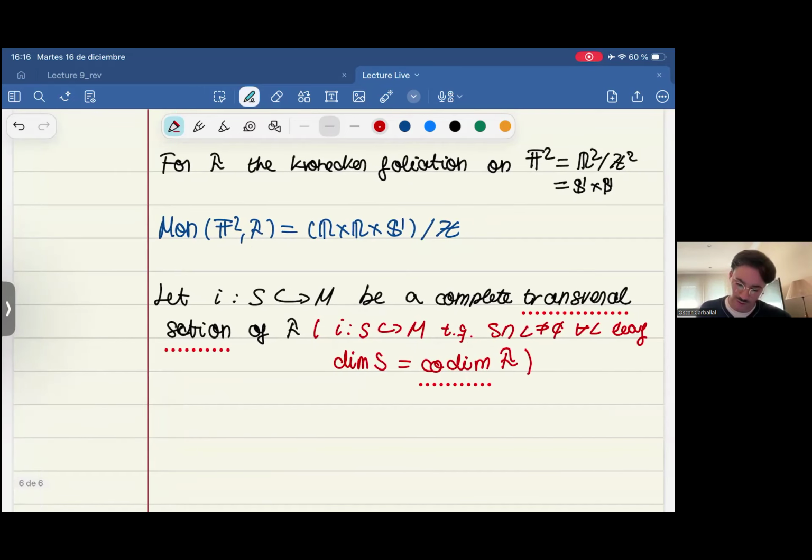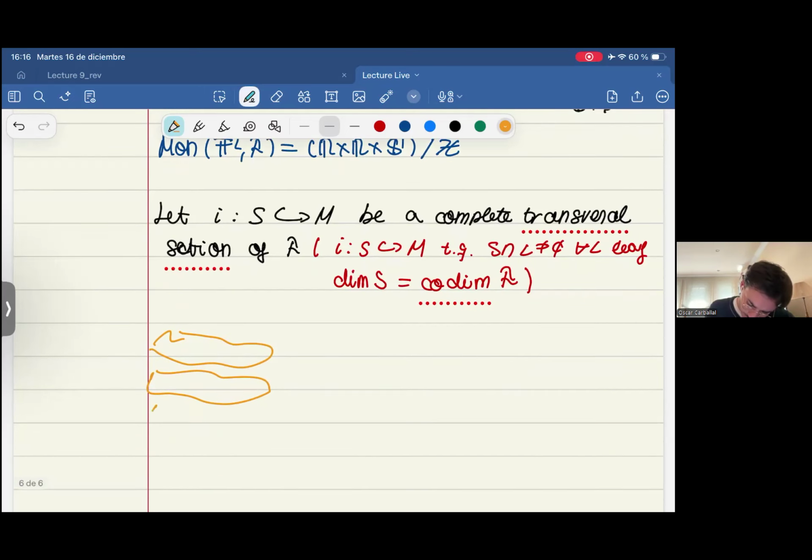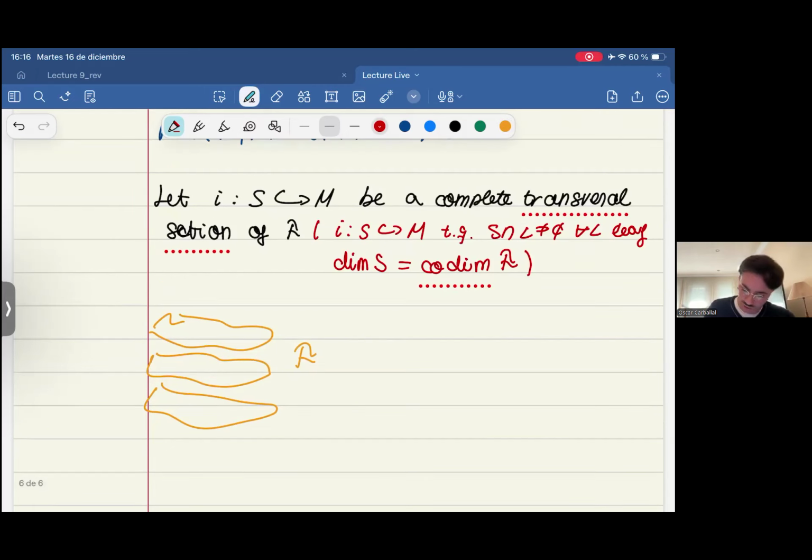So imagine that, for instance, you have a foliation consisting of planes on R3. This is the foliation, and a completely transversal submanifold in this case is some curve here, right? It is this thing.